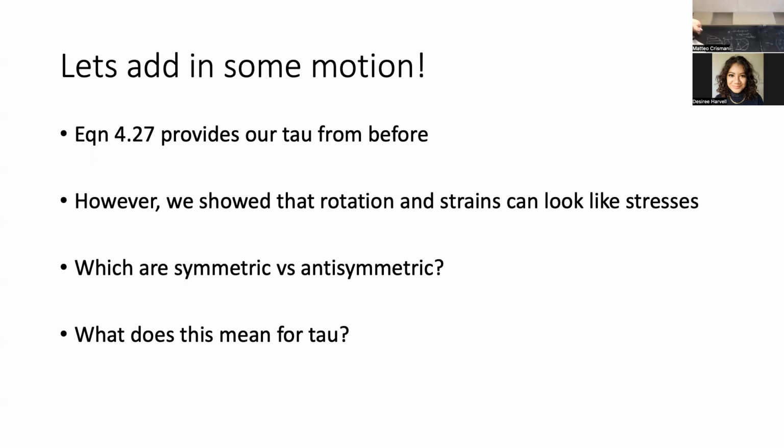What's this other stuff? Let's add some motion in. Let's add some shear stresses. So I have this piece from before, but now I have motion, and I'm just going to add that directly with this nice guy. Who's that?